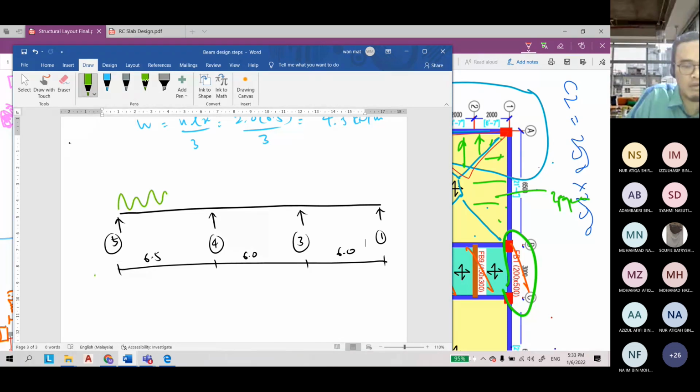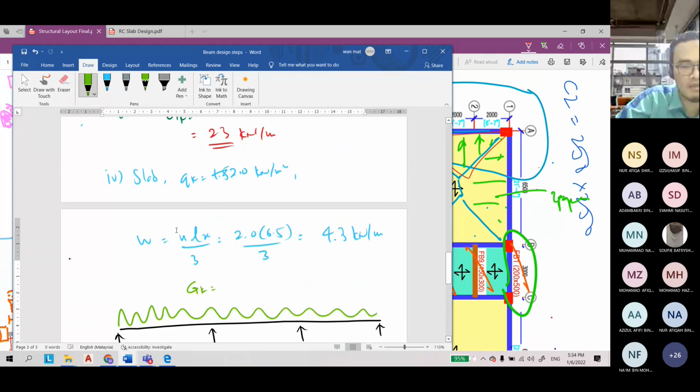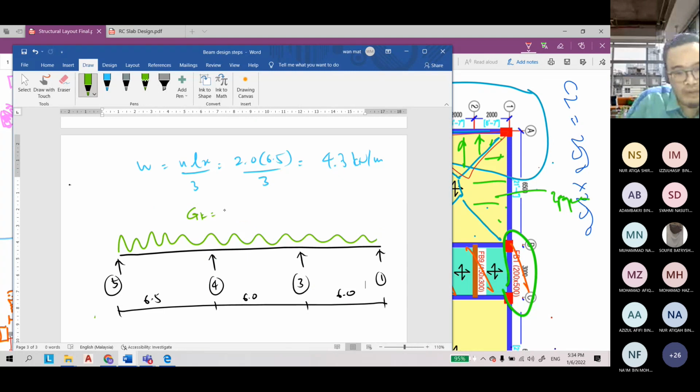The dead load here, GK, is equal to what we had earlier, 23.0 kilonewton per meter, and then I have the QK equal to 4.3 kilonewton per meter.